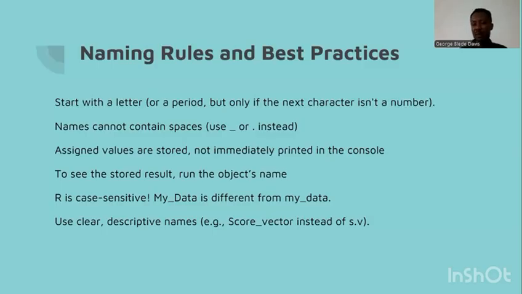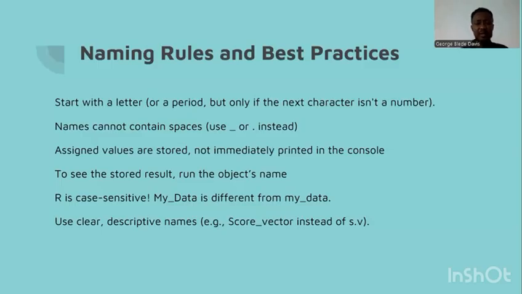But if I just type George Davis normally, it will give an error. So if you assign a name to an object, the key thing is you either join it using the underscore or using a period. So these are the three practices we use to assign names to objects.